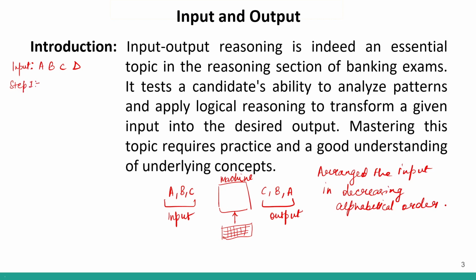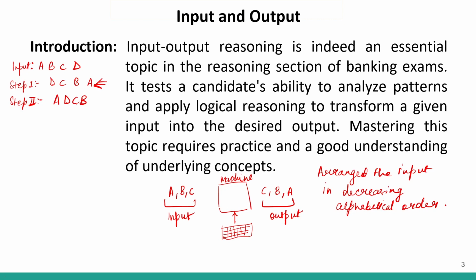Let's say step 1, the machine has given me D, C, B, A. So the machine has arranged this in decreasing alphabetical order, correct? Step 2, when I feed this step, so this is your input, correct? So when I feed the input again, now this is the input, the machine is giving me A, D, C, B.